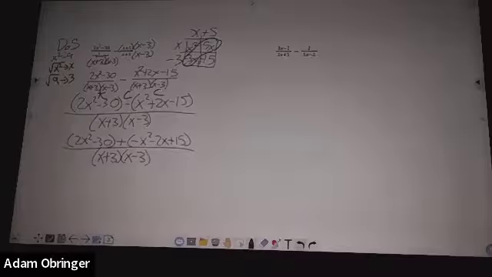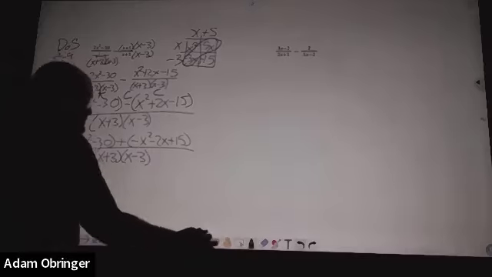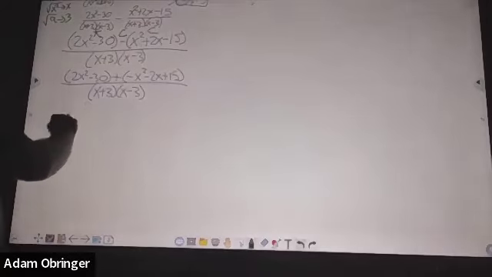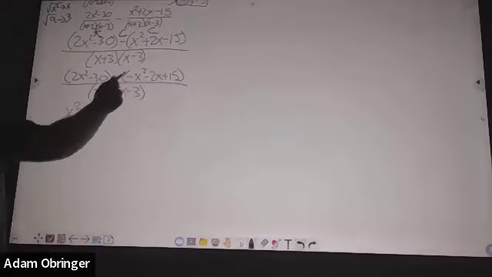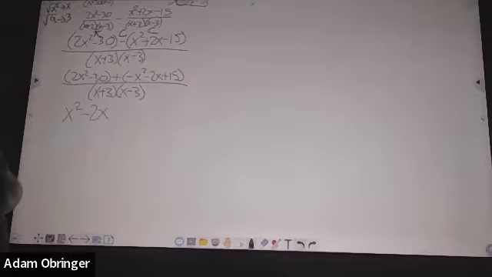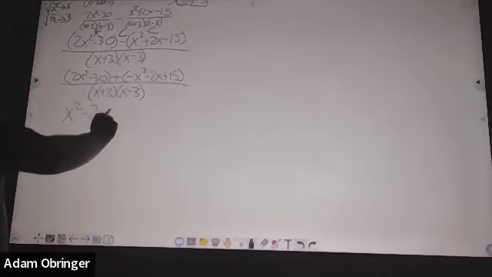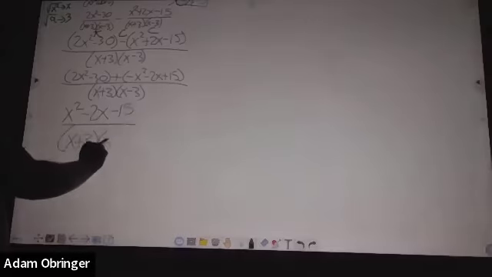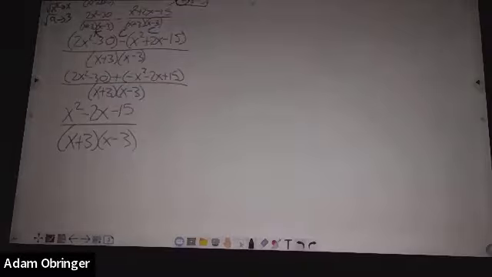We are now going to add our like terms together. 2x squared plus a negative 1x squared would result in a 1x squared or just x squared. We have our minus 2x, and a negative 30 plus 15 is a negative 15 over x plus 3, x minus 3. The numerator is the last thing we have to try and factor now that it's all together.